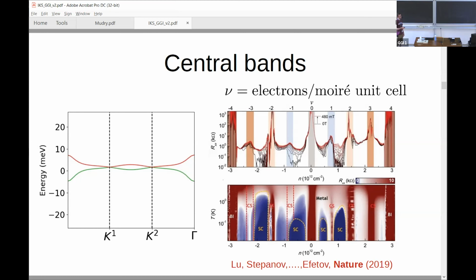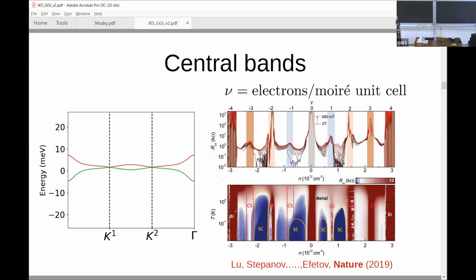Where this nu is the so-called filling factor, which is just telling you the number of electrons per Moiré unit cell. And the reason it goes from -4 to +4 is that, remember, I said before, we've got this valley degree of freedom. We've also got a spin degree of freedom. So that's this 4-fold flavor degeneracy. And we've also got two of these flat bands. So that gives us a total of 8 electrons per Moiré unit cell if we want to fill this entire band structure.